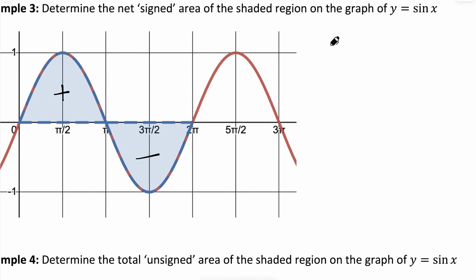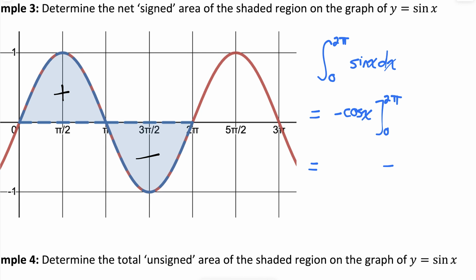So let's find the value of the definite integral between 0 and 2 pi of sine x dx. If I find my antiderivative of sine x, it's actually negative cos x. And my limits of integration are 0 and 2 pi.